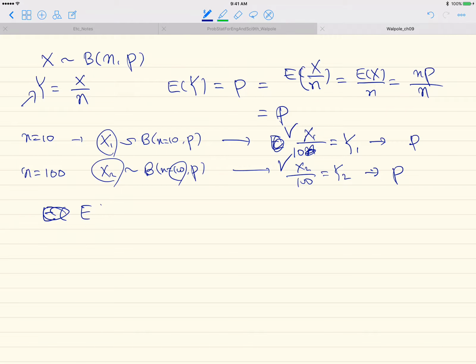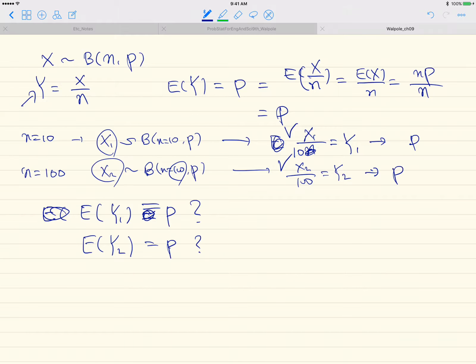The expectation of this new random variable equals p: is it true or not in the first case? And for the second estimator y2, is this true or not?